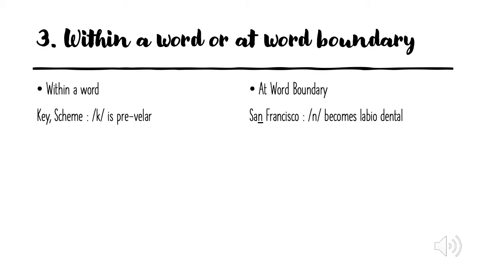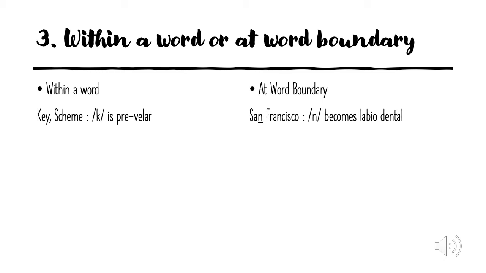The third division or category under which we can study allophonic changes would be by observing the position where the change occurs. In other words, it may be within a word or it may be at a word boundary. So within a word, we've already seen some of the examples in the earlier slides, like "comfort," for example. We notice that the M changes because of the F sound that comes after that, and that is obviously a change within a word.